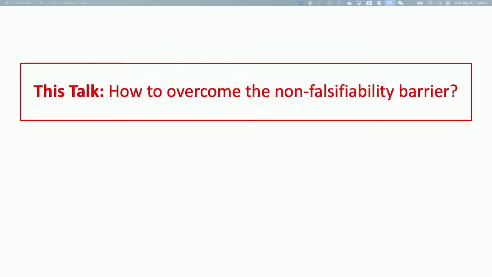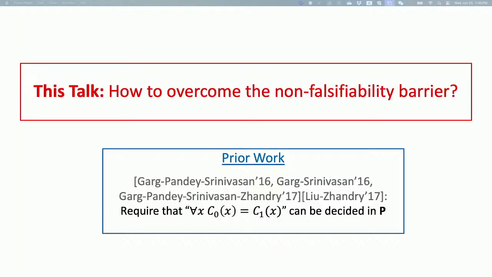So one of the major goals of this talk is to address the following question. How to overcome this non-falsifiable barrier? Previously, there is a line of work that also tries to overcome this, due to the input length loss in the security reduction of I/O.